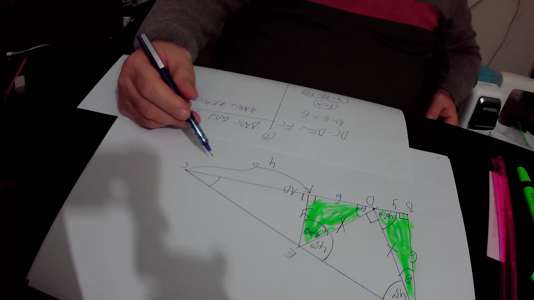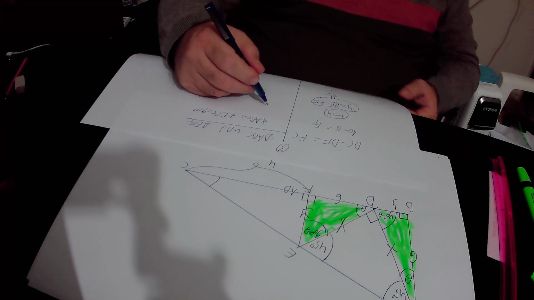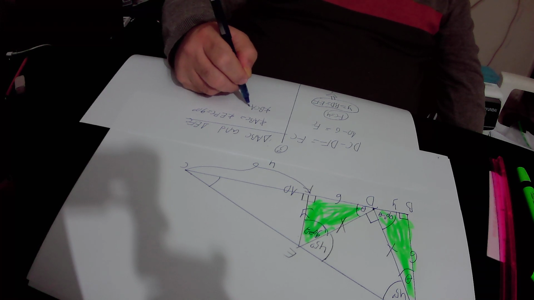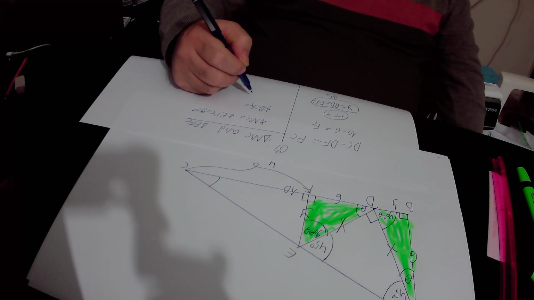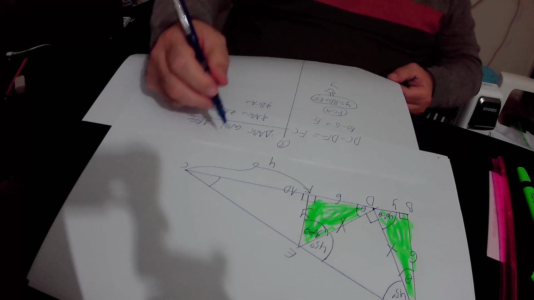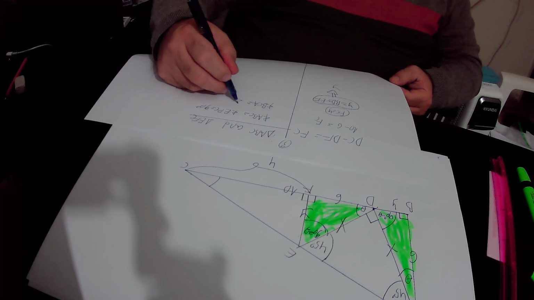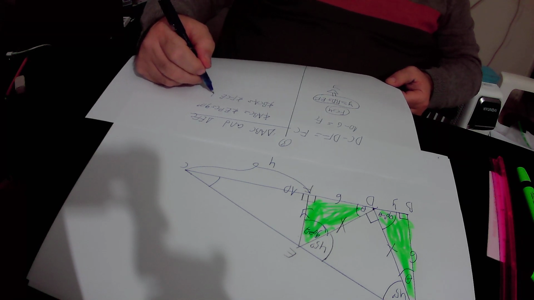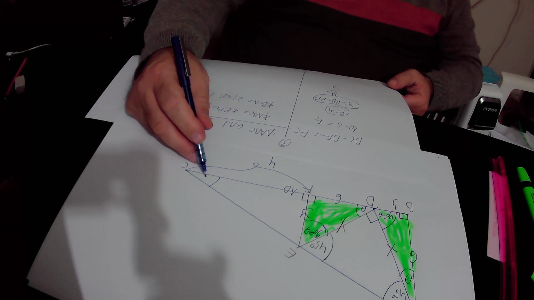This angle is a common angle. So angle BCA is equal to angle FCE, and it is a common angle, it belongs to both triangles.